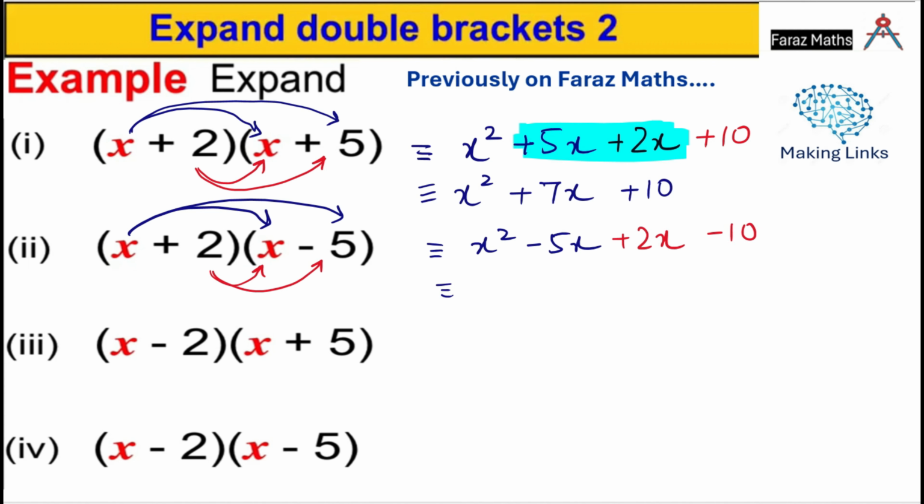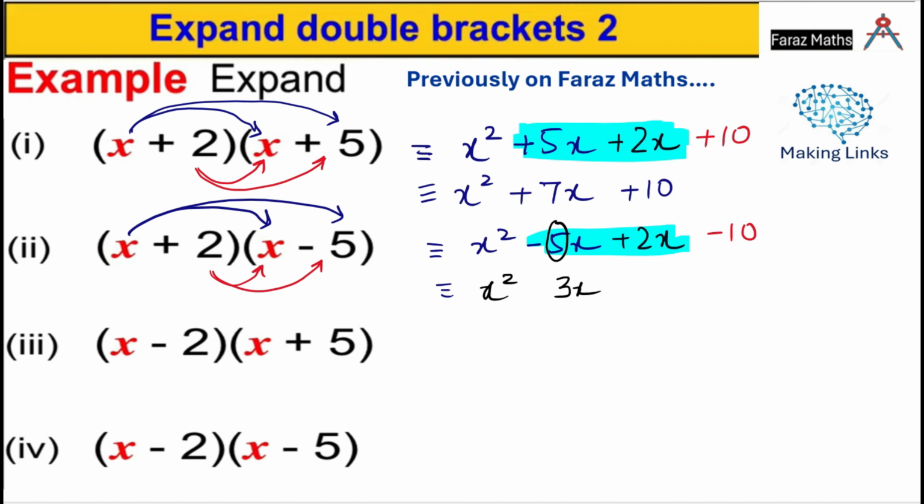So if I highlight the like terms, minus 5x plus 2x, they are like terms. So I can write x squared minus 5x plus 2x. One number is negative, other is positive. We have to do subtraction. Subtract the small number from the big number. So 5 minus 2 is 3x, and you have to use the sign.